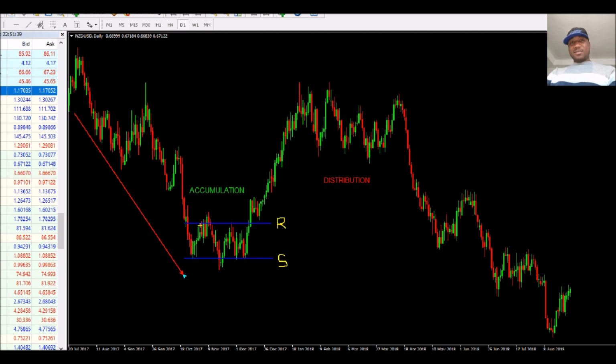Now the concept of accumulation is after a downtrend, the professional traders, the top 5% traders, the hedge funds, the bank traders, they are not doing anything at this moment because the market is consolidating. They are not trading. They are creating the market, just like market makers.